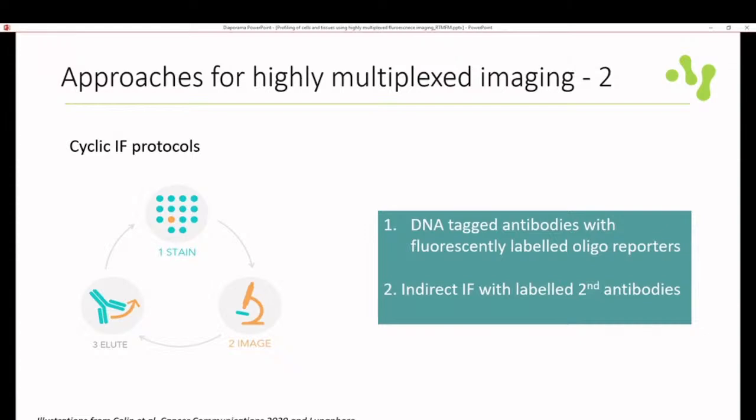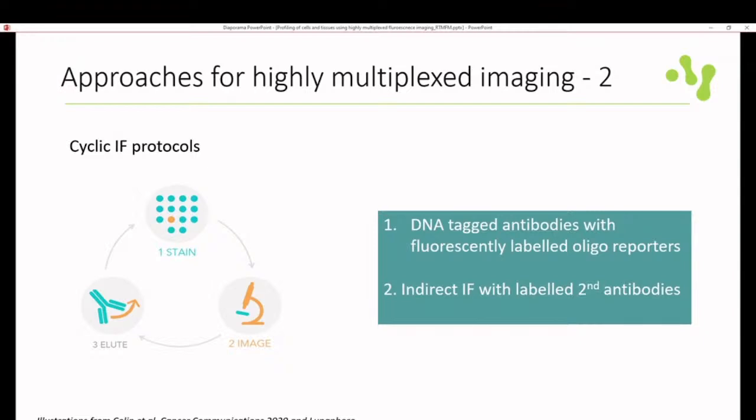So the other track for doing this is to use some kind of cyclic immunofluorescence protocol. So using fluorescence microscopy, but cycling the process so that you look at a few signals at a time and then do it in an iterative manner, and in that way overcoming the limitation in detection of different fluorophores.